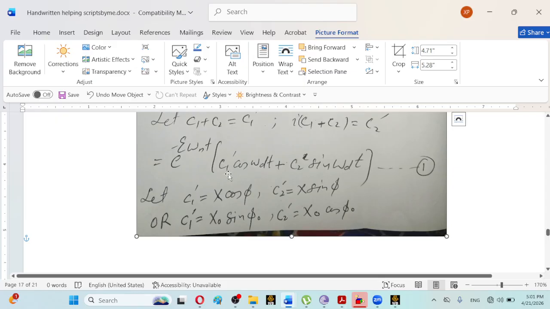These constants are actually introduced due to the phase shift, so C1 dash is equal to capital X cos φ. We have done a similar assumption in the first part of this chapter. So C1 dash is equal to X cos φ, and C2 dash is equal to X sin φ.